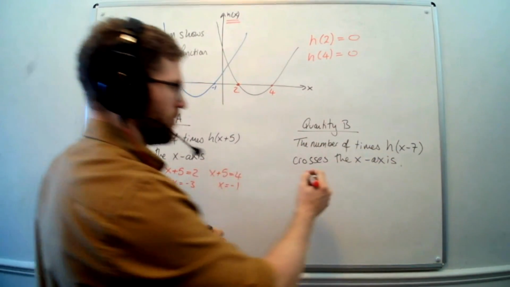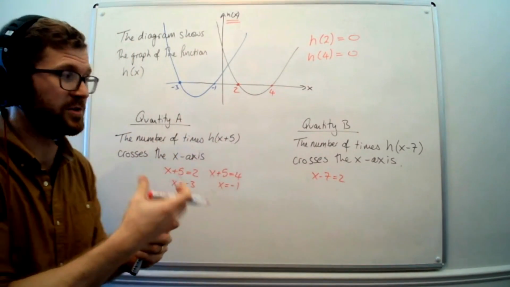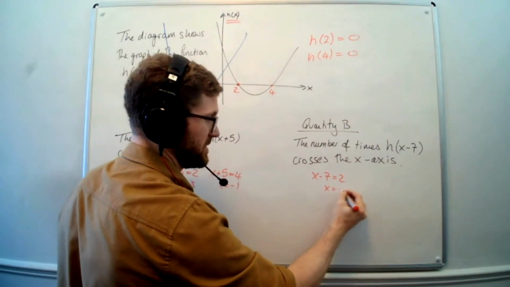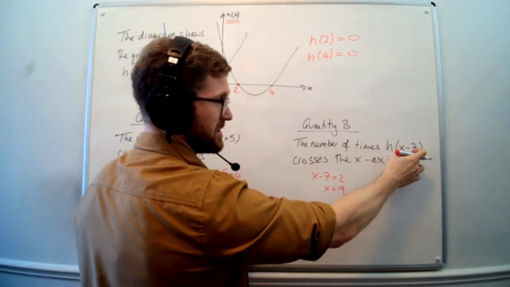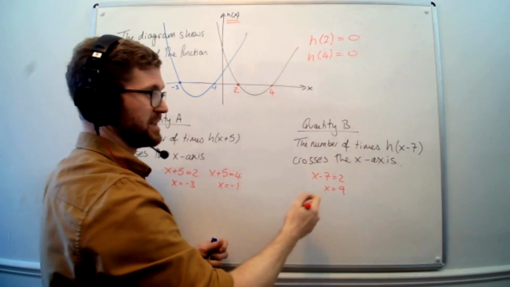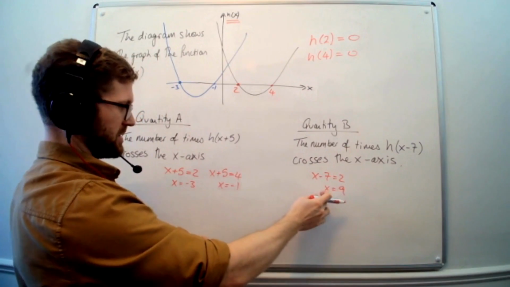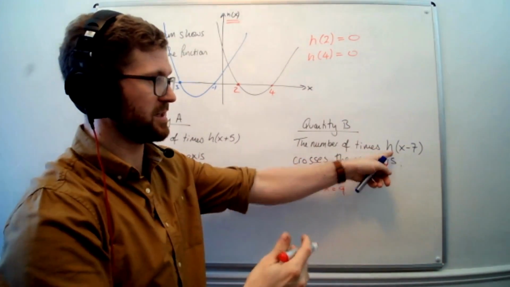Well, again, when x minus 7 equals 2, my input to the function will still be 2. In other words, when x equals 9. So if I put x equals 9, then 9 minus 7 will give me 2. And I know that when I put 2 into the function h, I get 0. Well, then when x equals 9, the graph of h of x minus 7 will cross the x-axis.